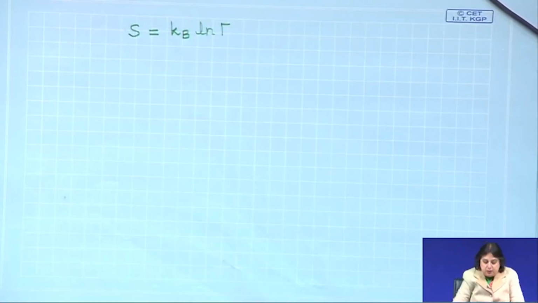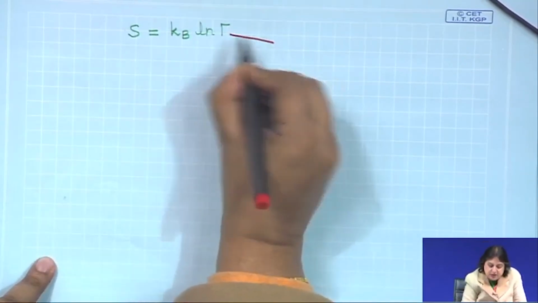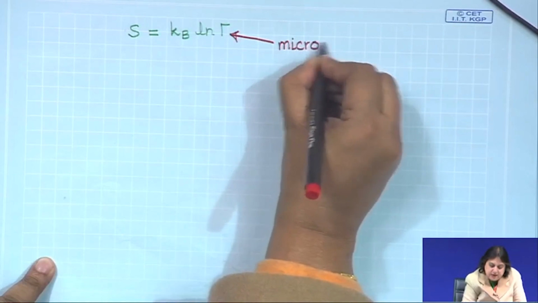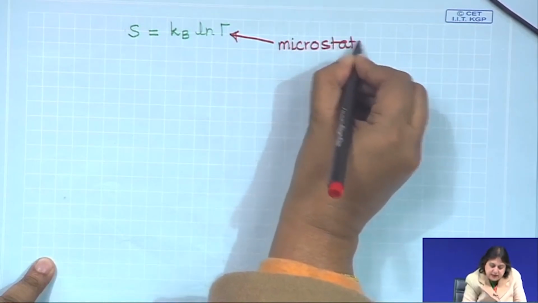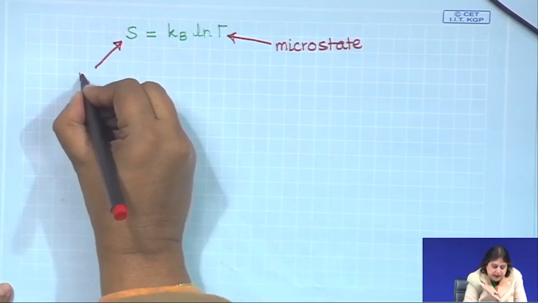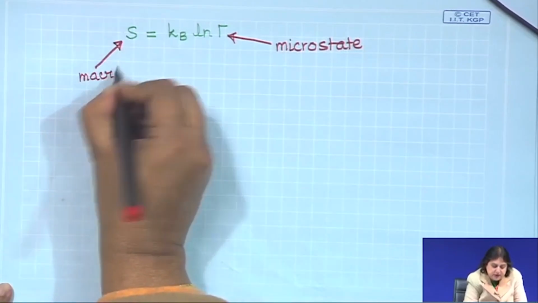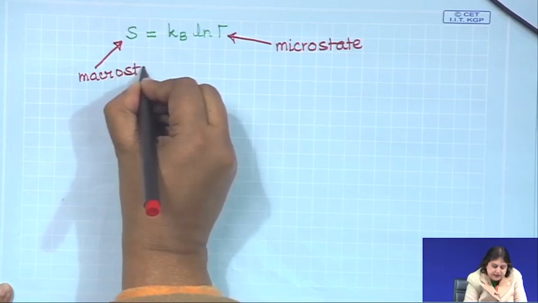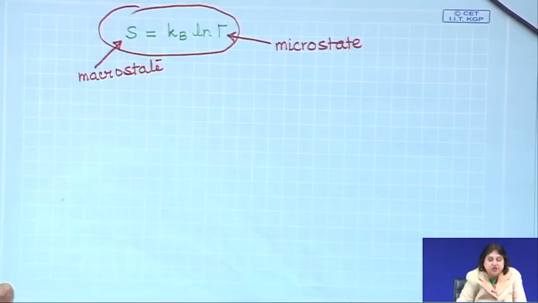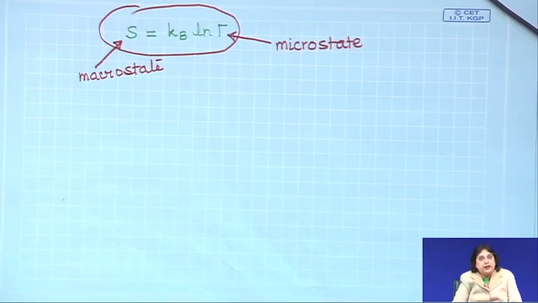Okay. Now, all the information regarding the microstates is contained within this factor gamma, and all information regarding the macrostate is contained within the entropy S, which means that this gave us a bridging relationship between the macro and the microscopic length scales.